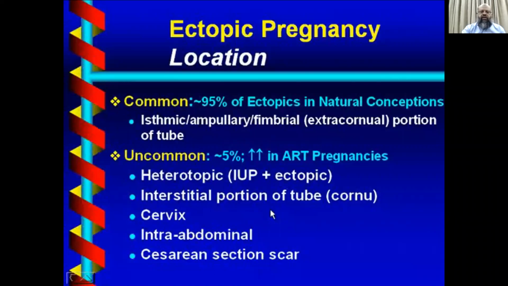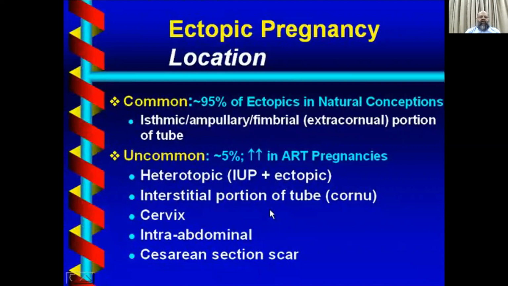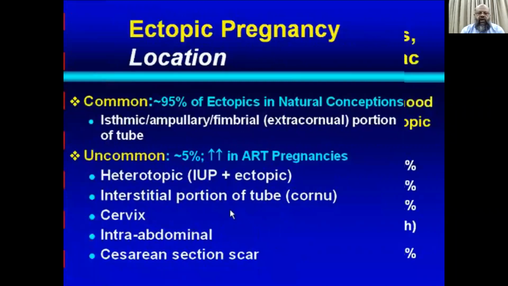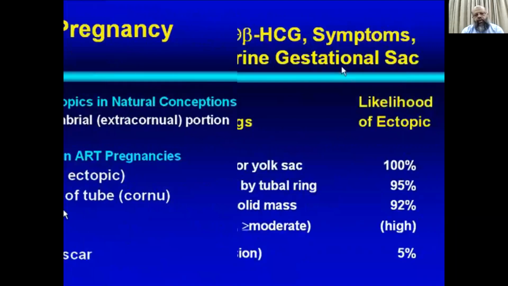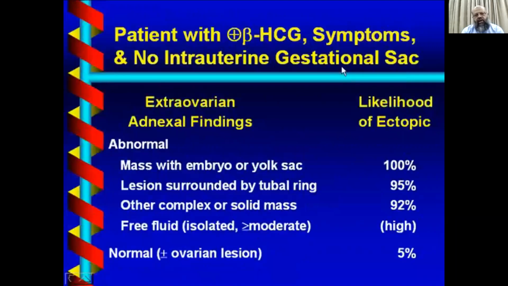Let's see a few examples. In patients with symptoms of pregnancy, a higher beta HCG and no intrauterine gestational sac, we can have extra-ovarian adnexal findings and a likelihood of ectopic.